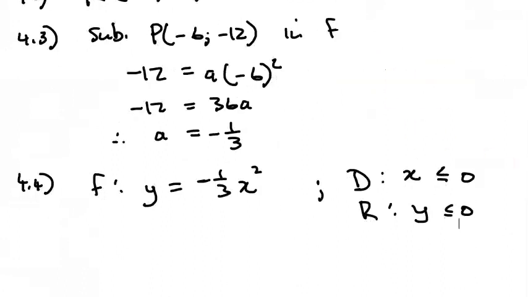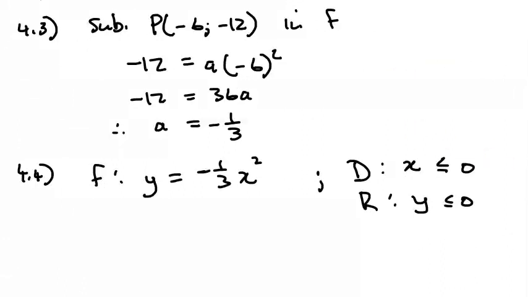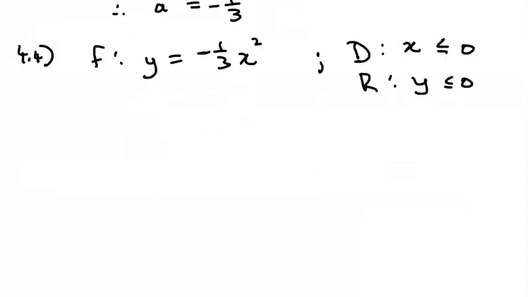So moving on, now let's write the inverse of this particular function. Now what do we do when we write inverses? Well, to write the inverse is basically just swapping the x and the y values around. So it will be x equals minus 1 over 3 y squared. Therefore, I'm solving for y, and the easiest way for me to do that is to get rid of this negative 1 over 3.